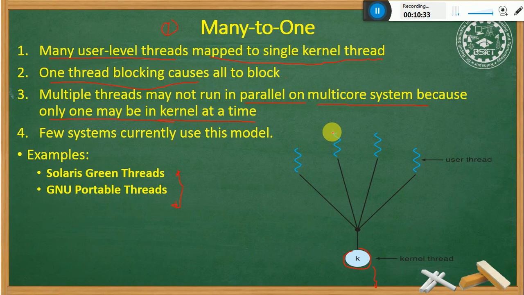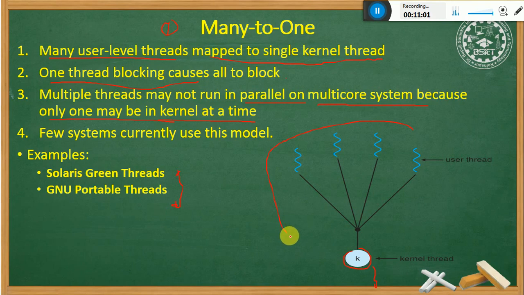So we have many to one, one to one, many to many models. In many to one, many user threads have a single kernel thread. If one thread is blocked, all threads are blocked. A single thread is executed at a kernel time. Few systems use this approach, for example Solaris green thread and GNU portable thread.